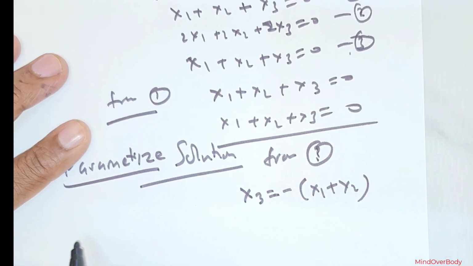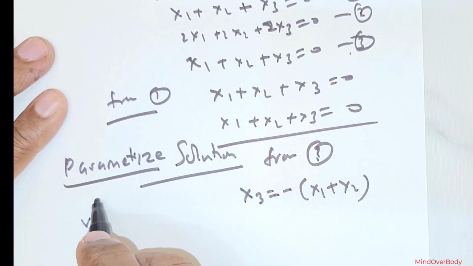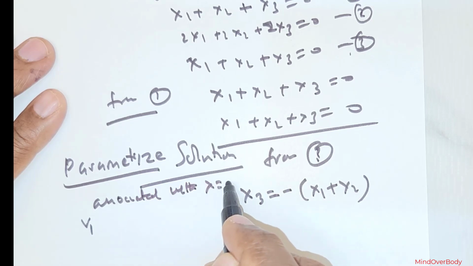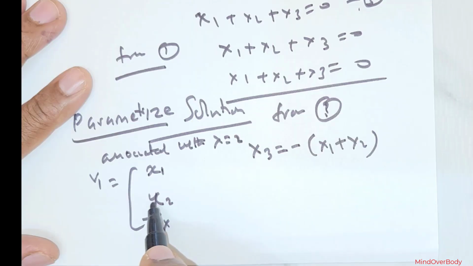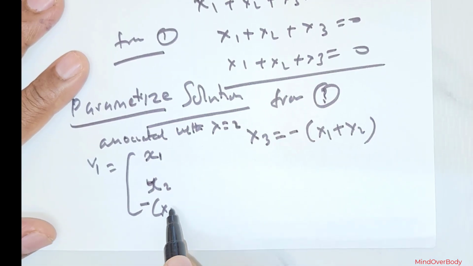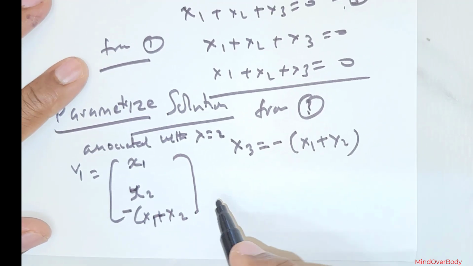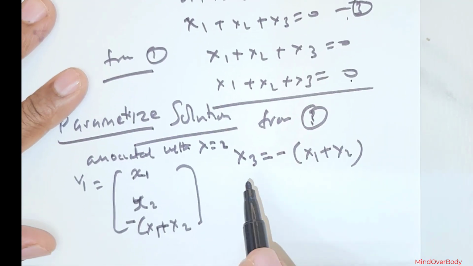So the vector form, the v vector that we are associating, or I would say v1 associated with lambda is equal to 2, will be of the following form. What is that going to be? x1, x2 and negative of x1 plus x2. So this is going to be the form, and adding all these things should give us 0, right?